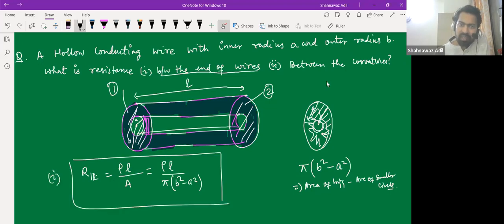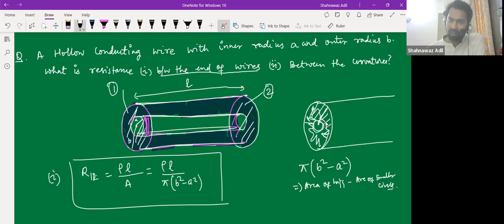Now in the second part, we have to calculate the resistance between this inner cylinder and this outer cylinder, right? So what is the resistance between this cylinder and this one?